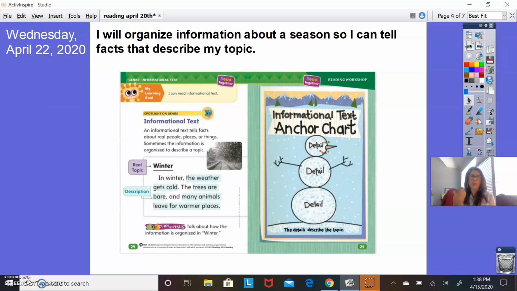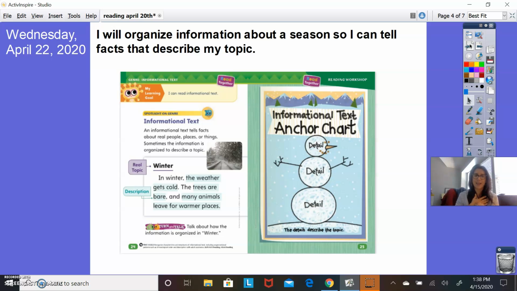Before I move there, what I asked you to do was first choose your season. Once you knew what season that was, I asked you to go over to Epic, check in your mailbox, and read any books about seasons so that you could get some facts about the season that you chose.